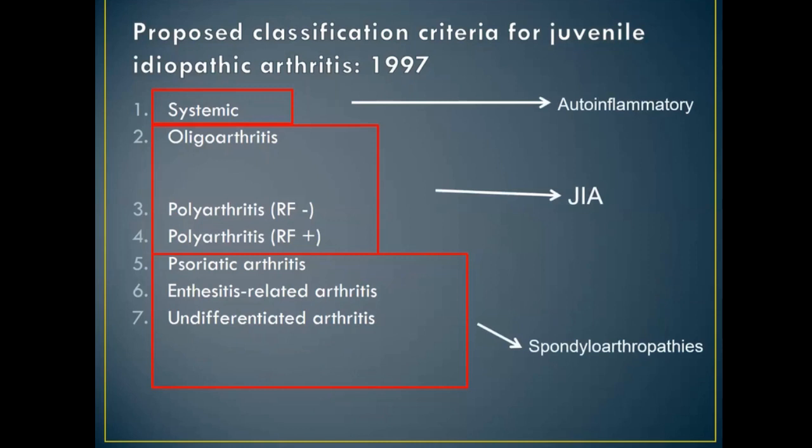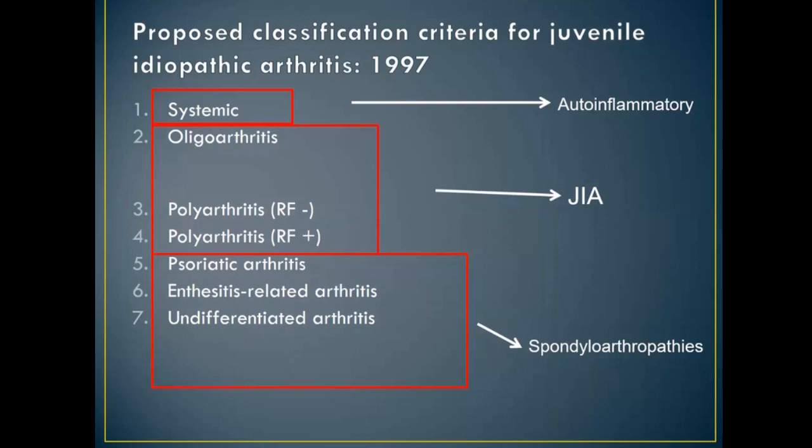So we're going to really be talking about juvenile arthritis, which is patients who come in with a few joints or multiple joints that are inflamed. And then I'll touch upon systemic JIA because it's important, but we're not really going to be talking about spondyloarthropathies as much. The big difference between spondyloarthropathies and juvenile arthritis is inflammation of the spine. So our patients who have juvenile arthritis will not have inflammation of the spine.